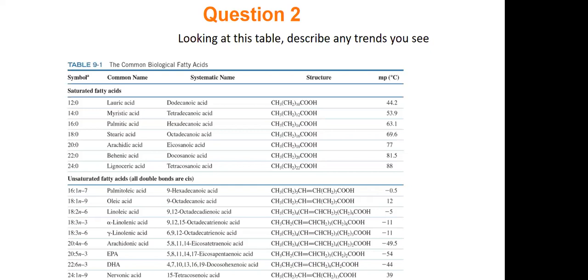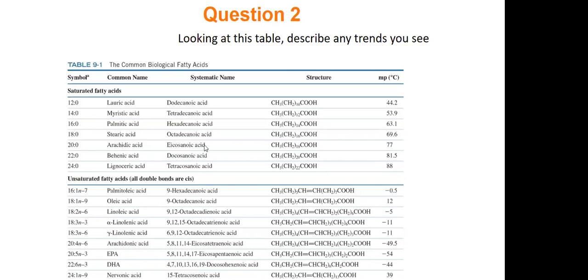What do you mean trend? I mean, look at all this data and tell me what happens when you change things. Like, what does this data tell you? If I just gave you all this data and said, explain to me what's going on here, what could it be?